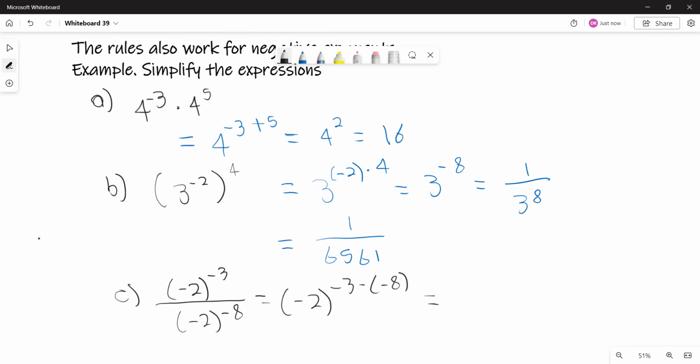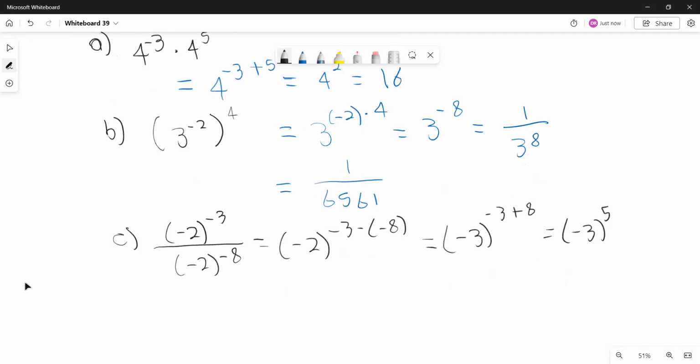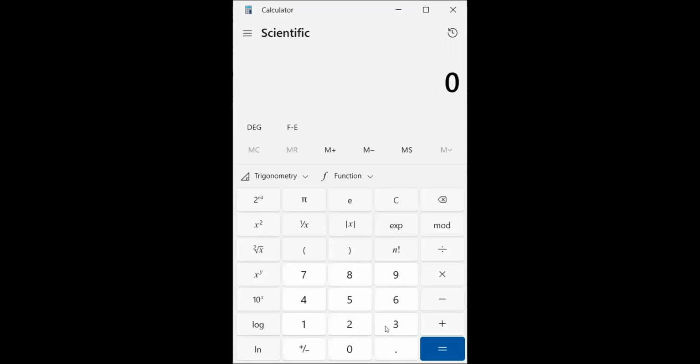But negative 3 minus negative 8 is going to be negative 3 plus 8, or negative 2 raised to the 5th power. Negative 2 raised to the 5th power is, let's evaluate that. Well, that's negative 32, but we're going to evaluate this in a calculator. That's negative 2 to the 5th power, and that is negative 32.